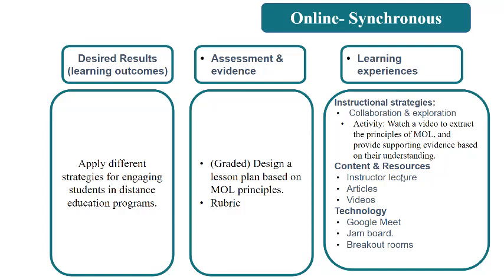Also, you need to determine the content and resources, like the instructor lecture, articles, and videos, and what technology can help them perform and complete this task. Because it's collaboration, they are going to use Google Meet and also Jamboard. Also, they can meet, for example, through breakout rooms.